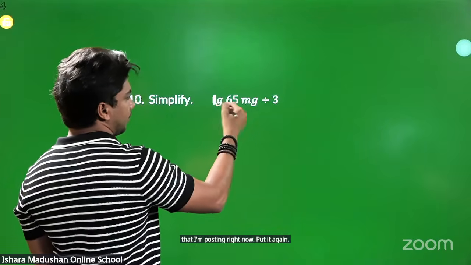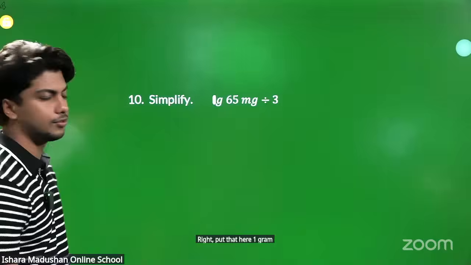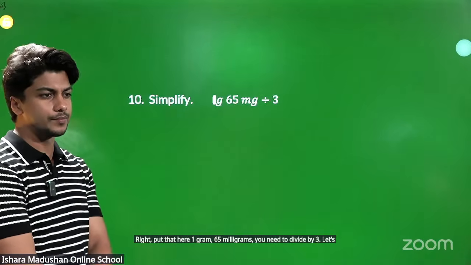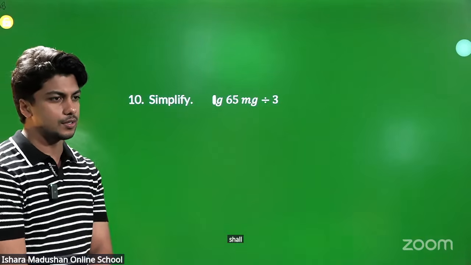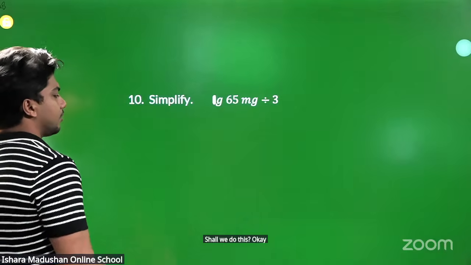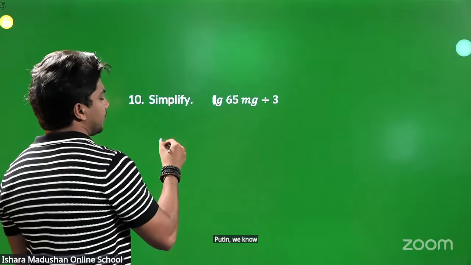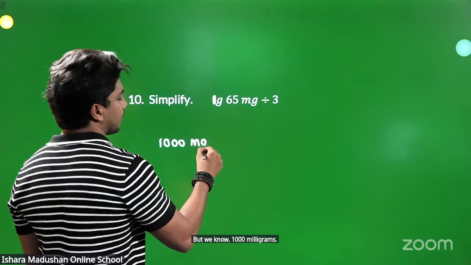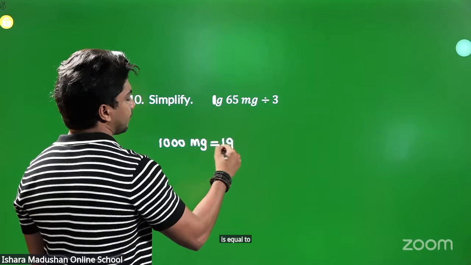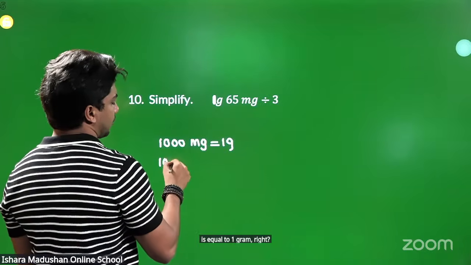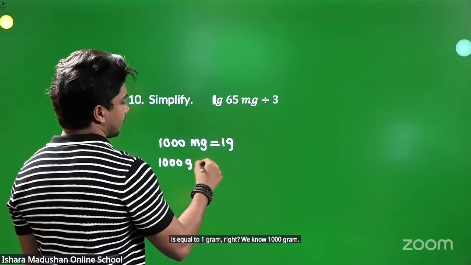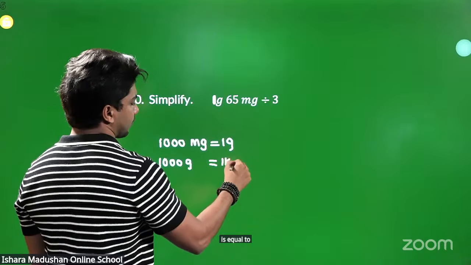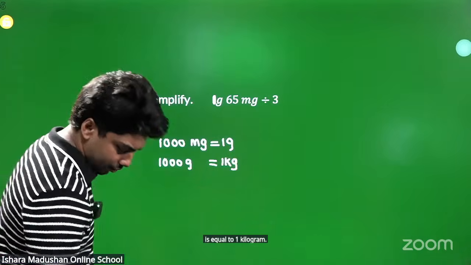Right. Put here 1 gram, 65 milligrams. You need to divide by 3. Let's do it. We know 1000 milligrams is equal to 1 gram, right? We know 1000 grams is equal to 1 kilogram, right?